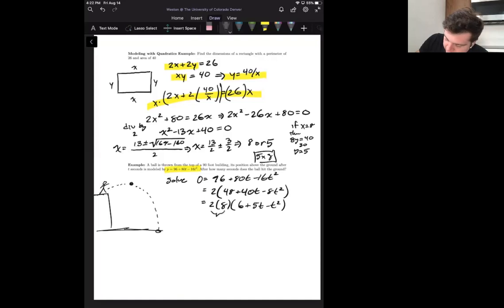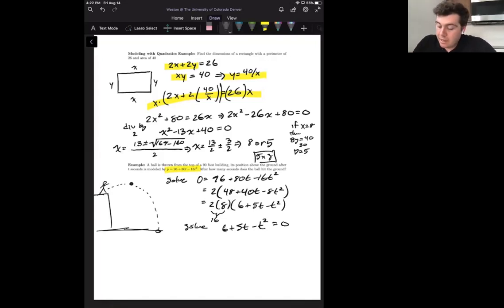And that's our 16. And so we just divide that 16 from both sides and then solve for 6 plus 5t minus t squared equals 0.